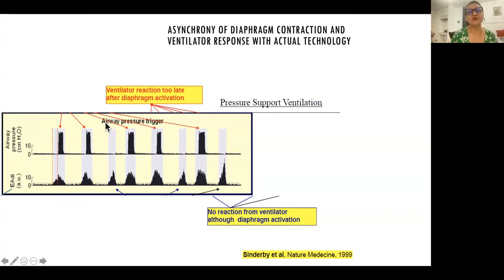The other thing which happens is that sometimes there is a diaphragm activation happening, but the ventilator is not giving any kind of reaction. So either there is a delay or there is no reaction.